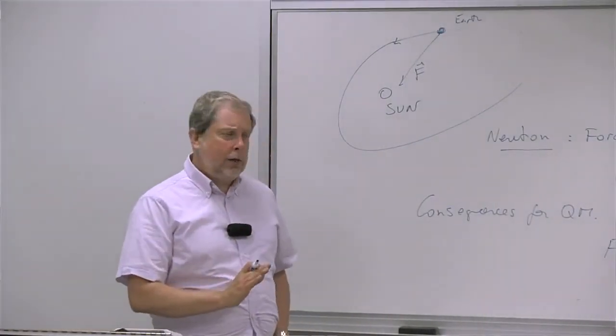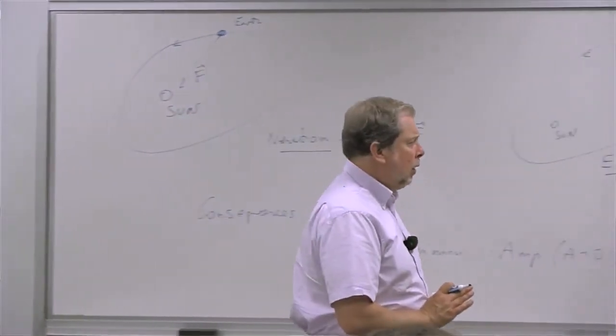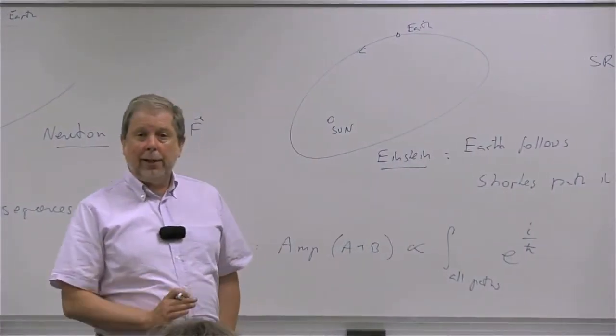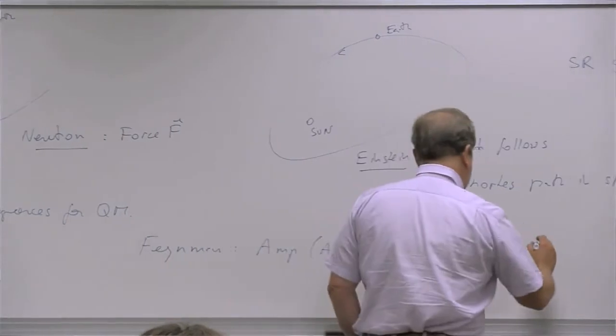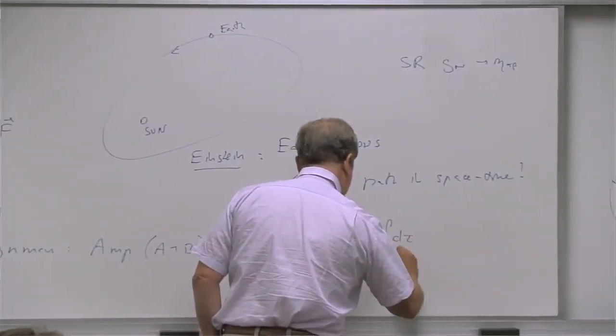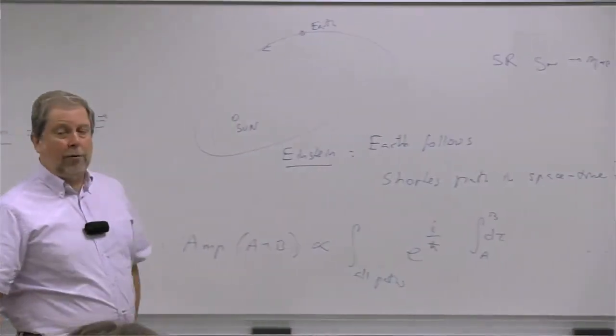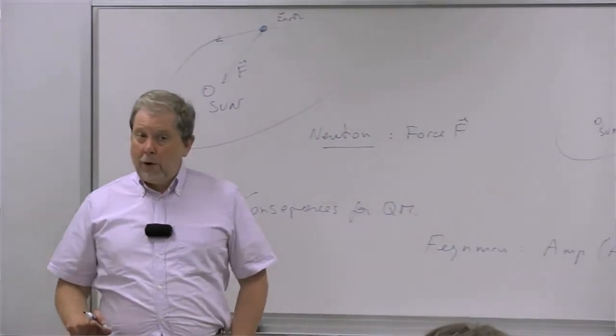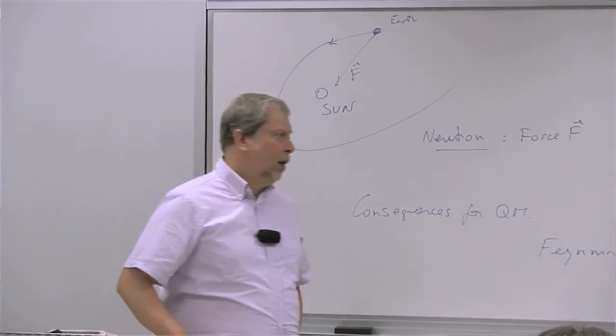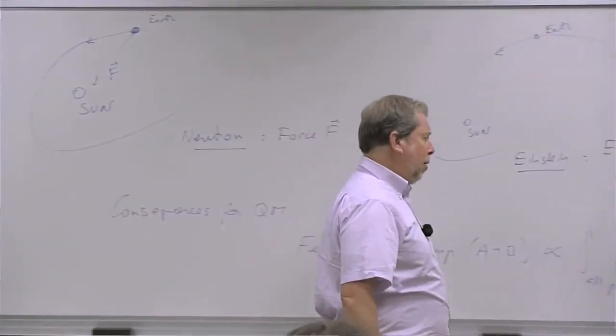In this case, our particle has an action which is the integral of d tau from A to B. This is the path integral for a relativistic particle, involving in the exponent just the proper time.